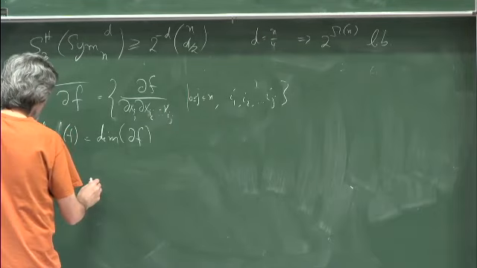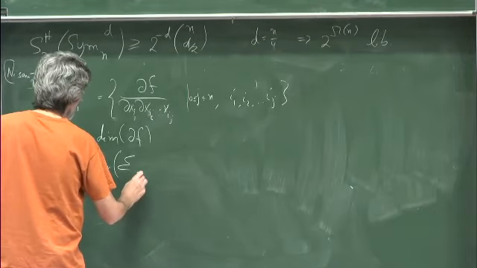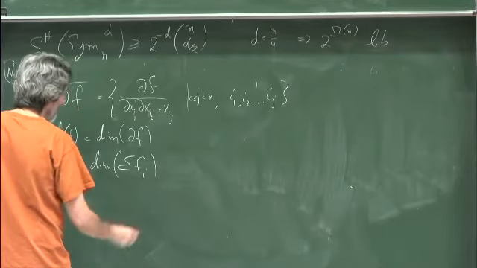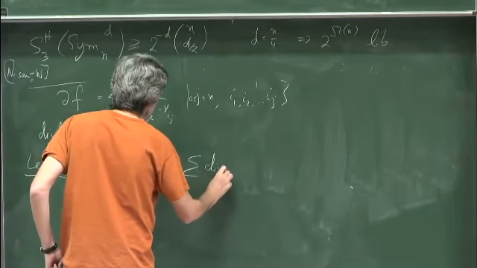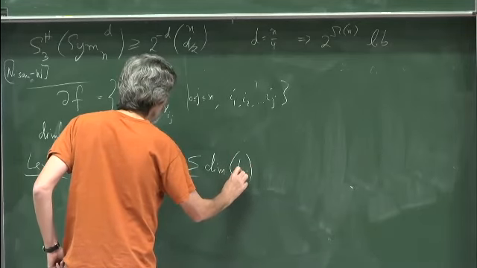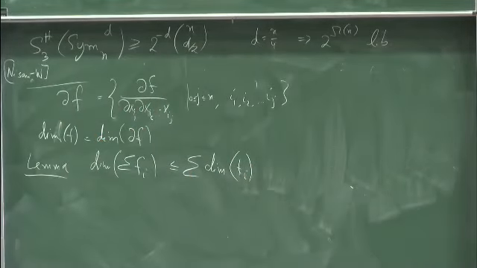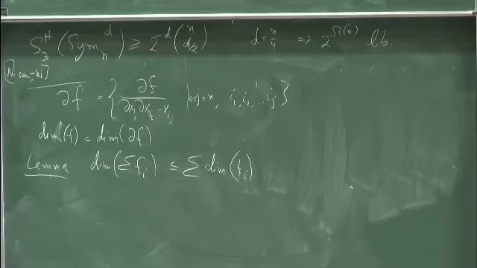So the dimension of a sum of functions is at most the sum of the dimensions. That's completely obvious, because you just look at all the individual partial derivatives and they span the derivatives of the sum, and that's just because derivatives are linear.